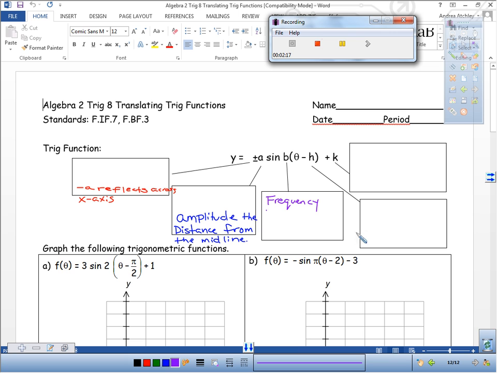The h is the same thing it's always been. Negative h moves to the right. Positive h is to the left. The k value, positive k, moves up, and negative k moves down. Any questions over that? We're all good?